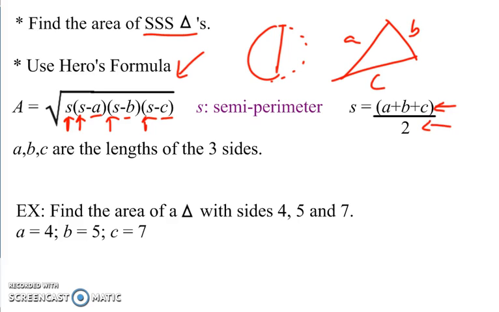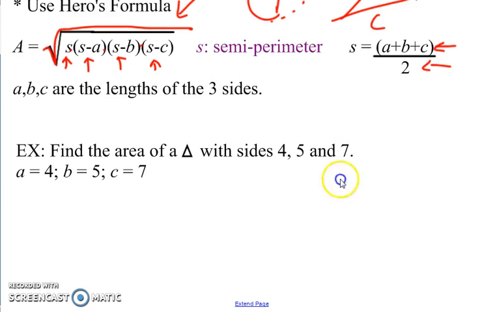So the area of a triangle, if you're given three sides, is that semi-perimeter times the difference between the semi-perimeter and each and every one of the sides, take the product of all those, and then square root that. Don't forget the square root part, and that is the area.